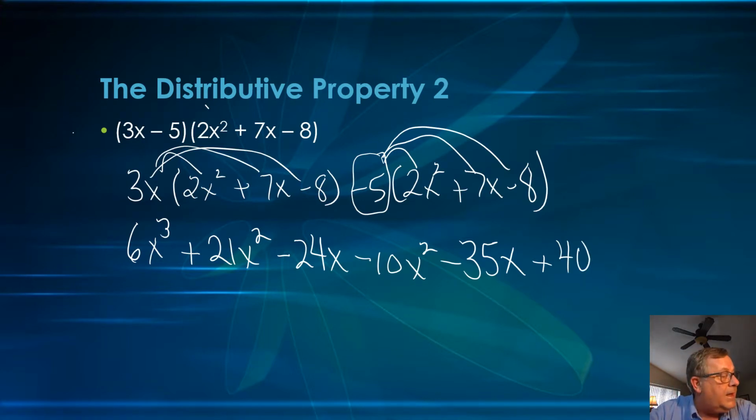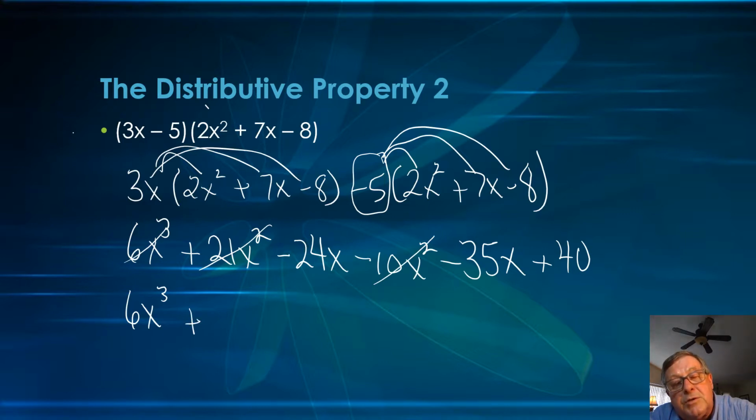Well, let's see. Now we've got to do some combining of like terms. I only have one x cubed term, and this is a 6x cubed. So I've used it. And then I've got plus 21x squared and minus 10x squared. So it's going to give us a positive 11x squared.